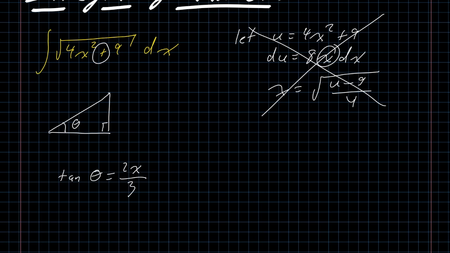And tangent is opposite over adjacent. So the opposite leg right here is going to be labeled as 2x. The adjacent leg down here is going to be labeled as 3. And using the Pythagorean theorem, I get that the hypotenuse is going to be the square root of 2x all squared, which is 4 times x squared, plus 3 squared, which is 9.